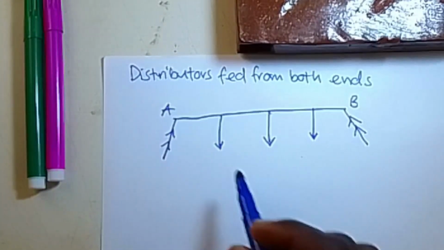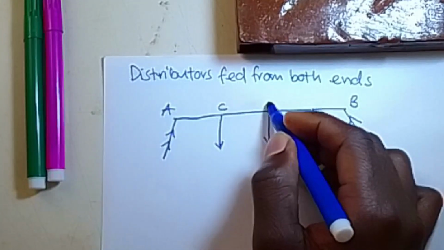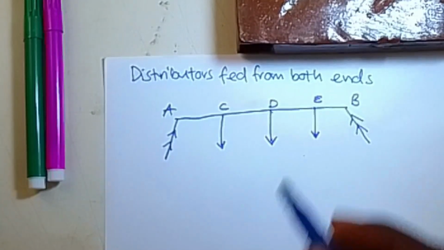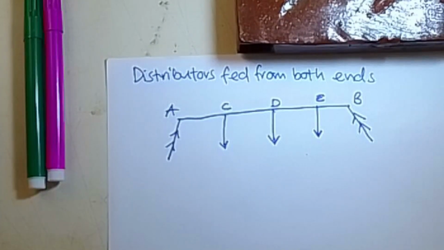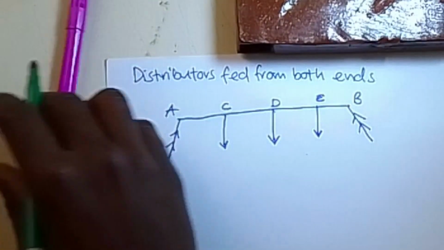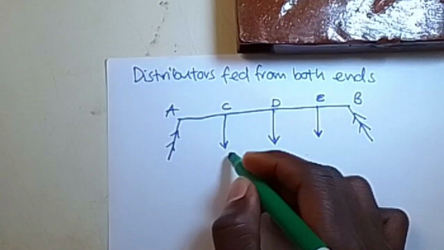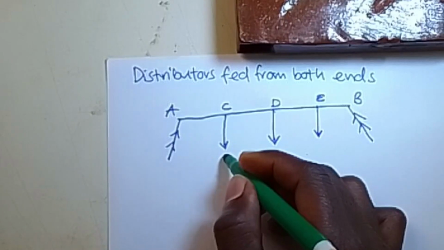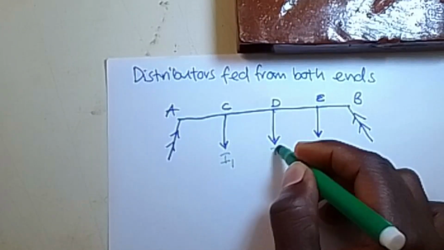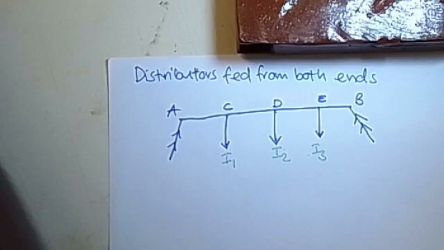So for example, along this section, we can have points maybe C, D, and E. Along those sections is where we are going to tap off our loads. Let us give them values, I1, I2, and I3, as shown.